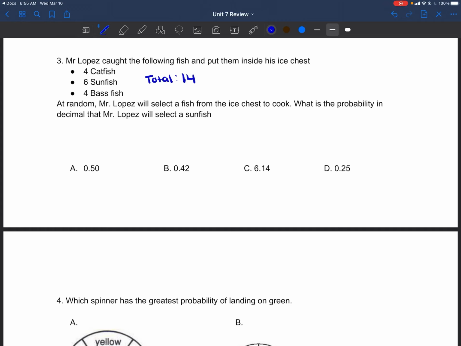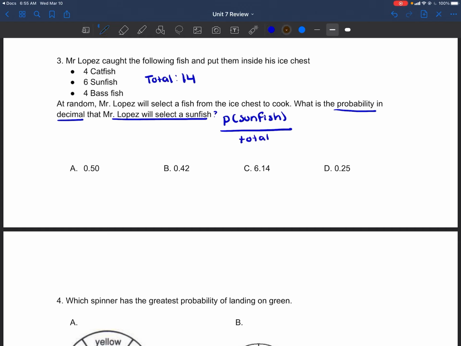At random, Mr. Lopez will select a fish from the ice chest to cook. What is the probability in decimal that Mr. Lopez will select a sunfish? So, the probability of getting a sunfish over your total. And on this one, I want to help you.